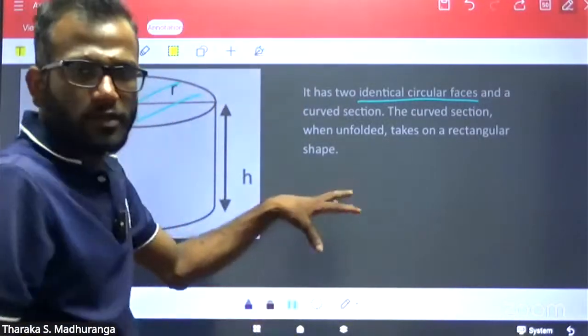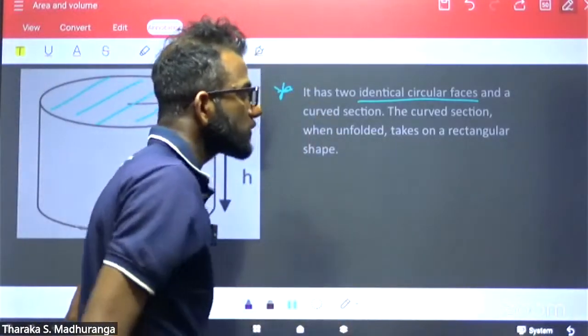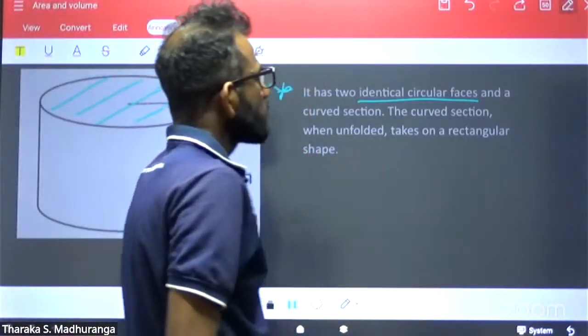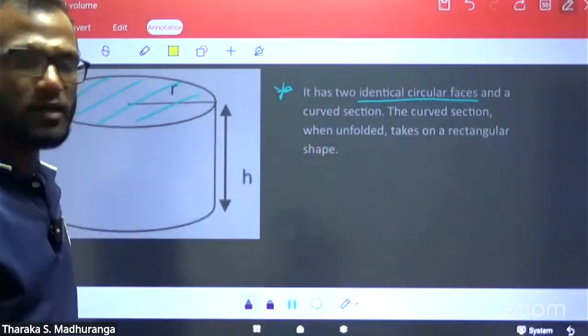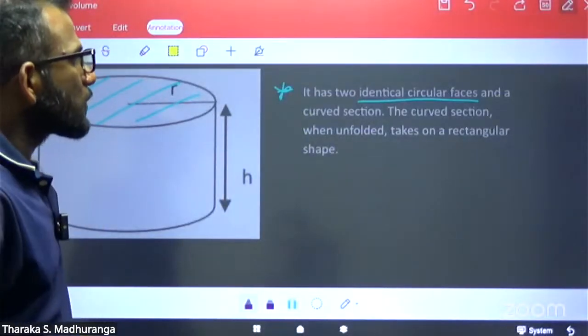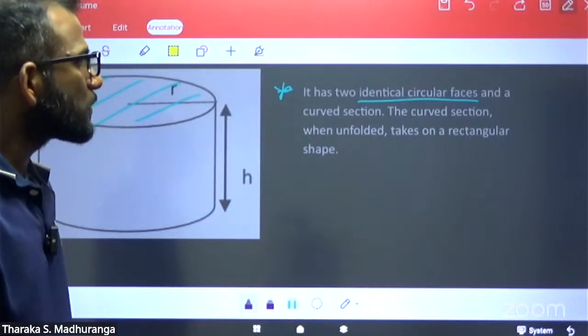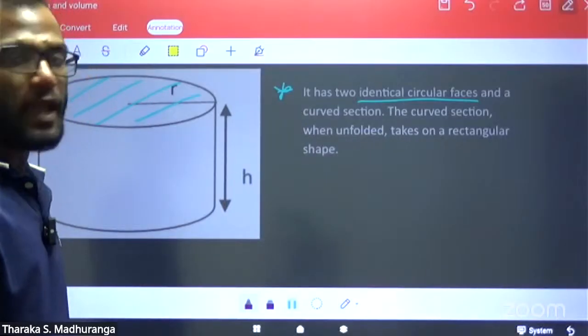The cylinder is important. Okay, write down, star mark: it has two identical circular surfaces and a curved section. The curved section, when unfolded, takes on a rectangular shape.